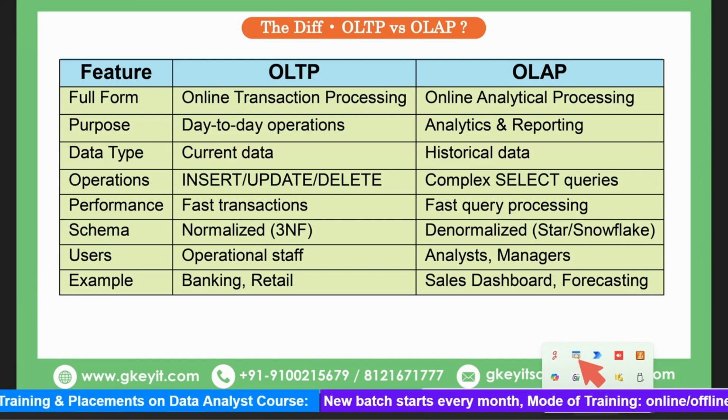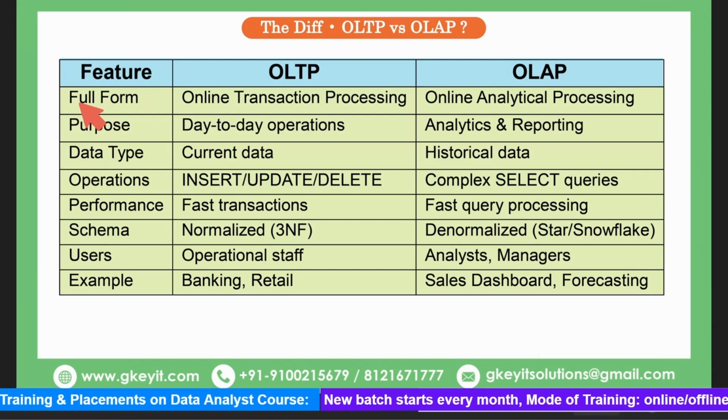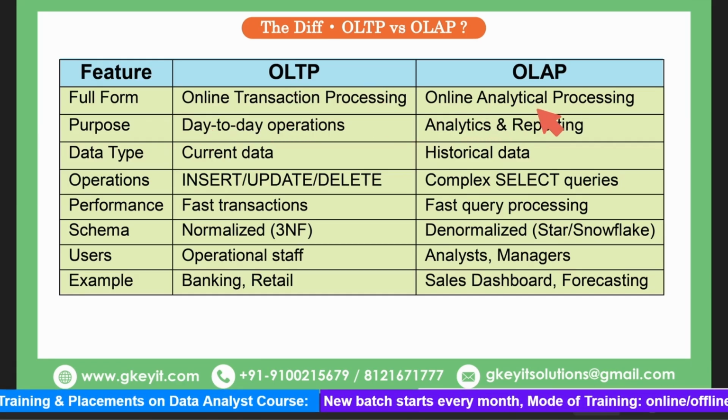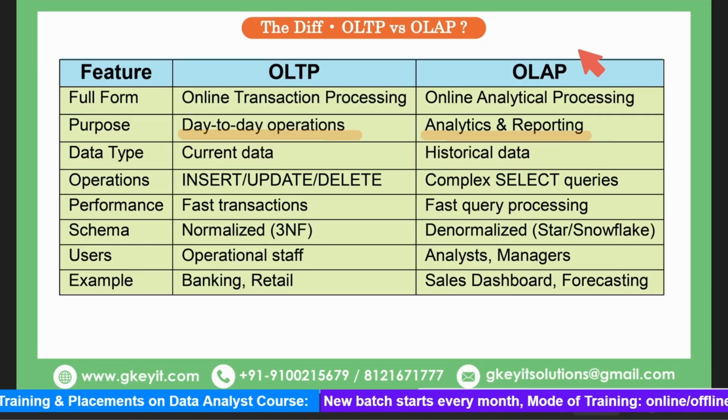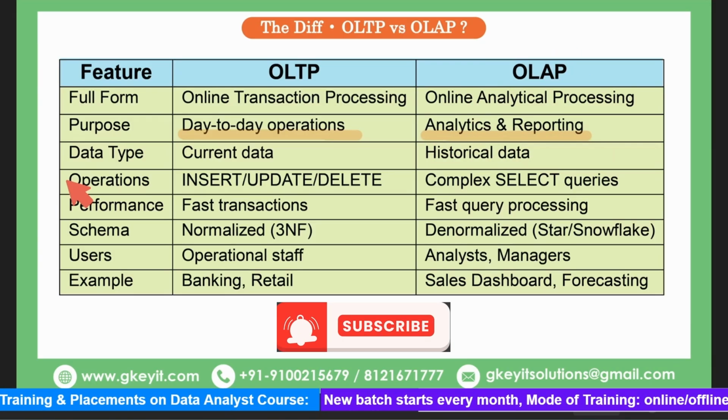Let us see the differences one by one here. First, coming to the full form, OLTP is online transaction processing, whereas OLAP is online analytical processing. The purpose of the OLTP system is to maintain day-to-day operations, whereas for analytical and reporting purposes, we use OLAP systems.